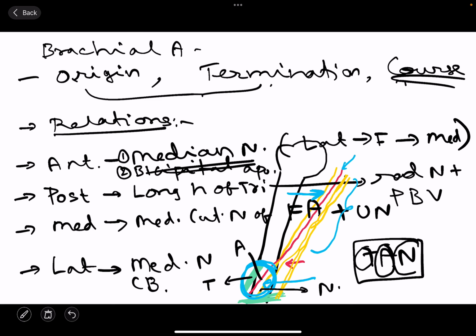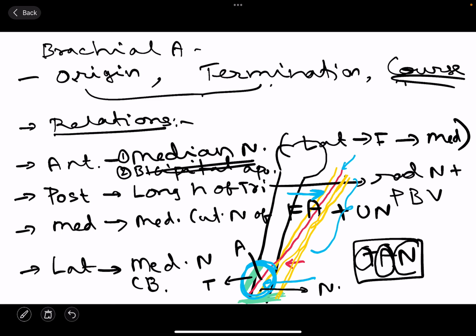Now we're going to talk about the musculocutaneous nerve. It arises from the lateral cord of the brachial plexus. To locate the nerve, let us remove the biceps brachii muscle. Now here we see the musculocutaneous nerve piercing the coracobrachialis muscle, coming from the lateral cord.